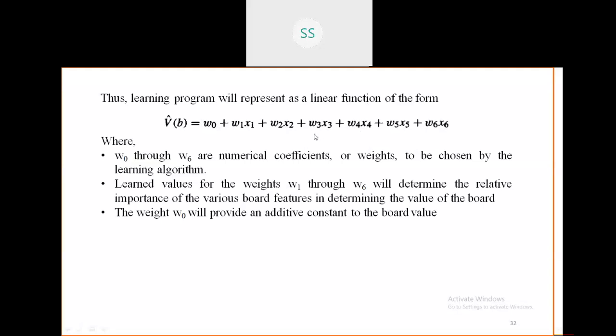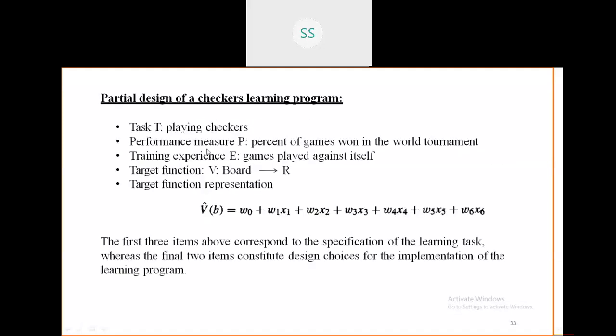We want to achieve the approximation in such a way that by just altering the values of the weights, w0 to w6, we can approximate the entire function. So this is the target function representation.